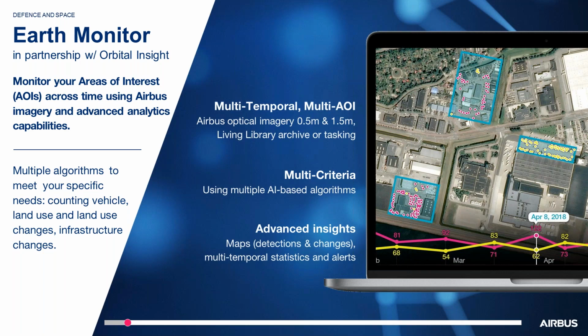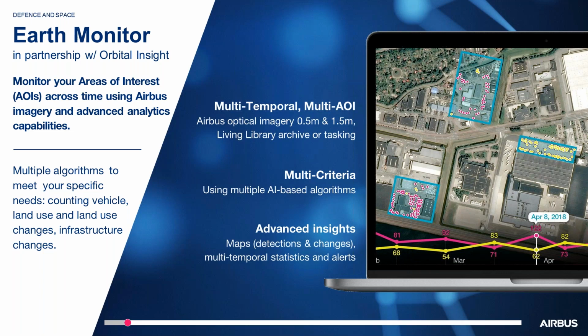Based on these images, Earth Monitor can run several algorithms, several artificial intelligence based analytics, so we are able to count several objects or detect some changes. We will see this just after.